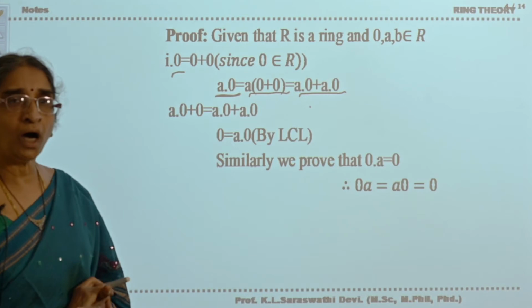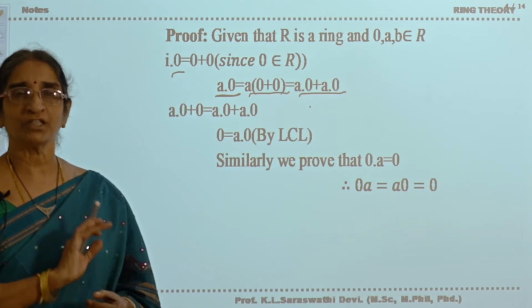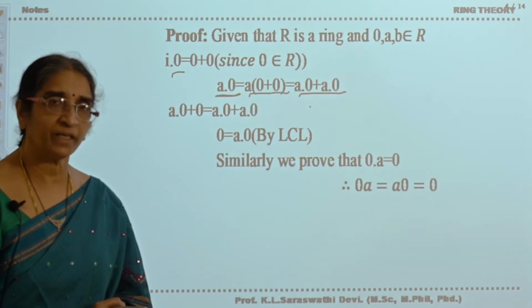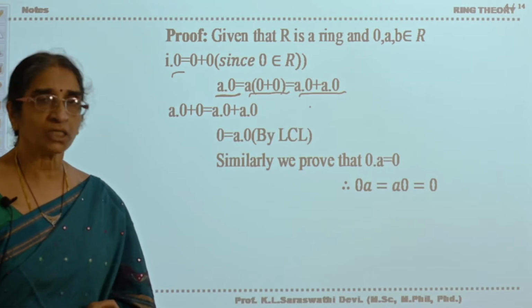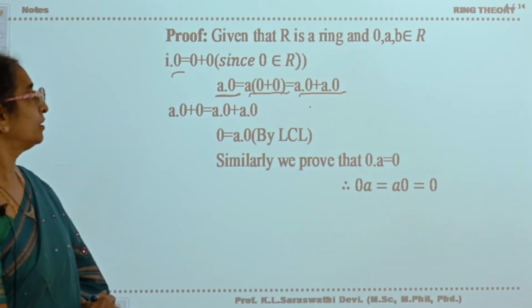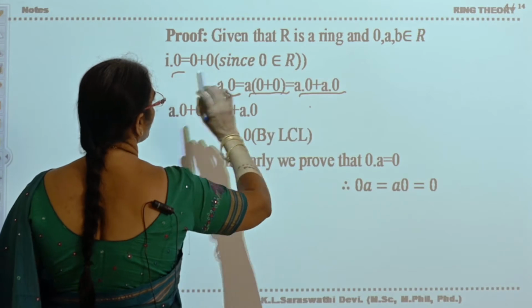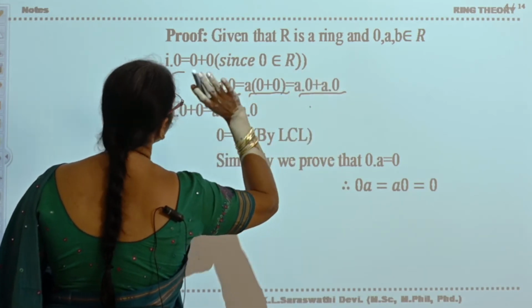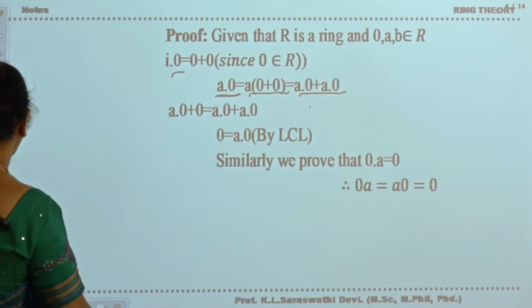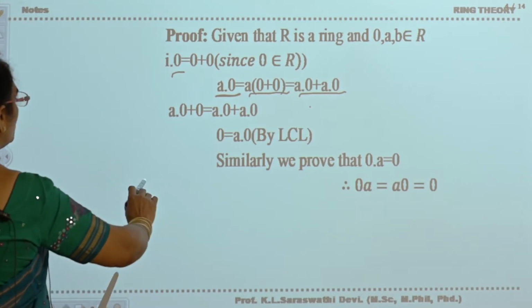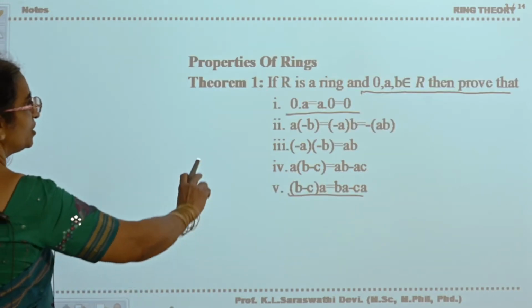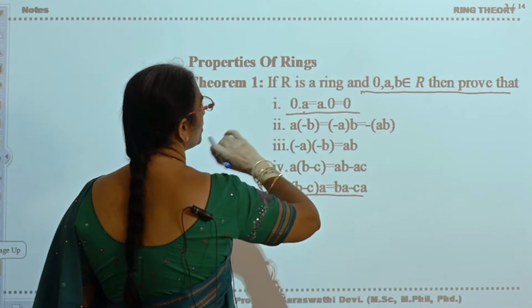But R is a ring, and the first property is that (R, +) is an abelian group. In a group, the cancellation law is satisfied, you know that. Therefore, a·0 will be cancelled, giving 0 = a·0. That is the first property: 0·a = a·0 = 0.